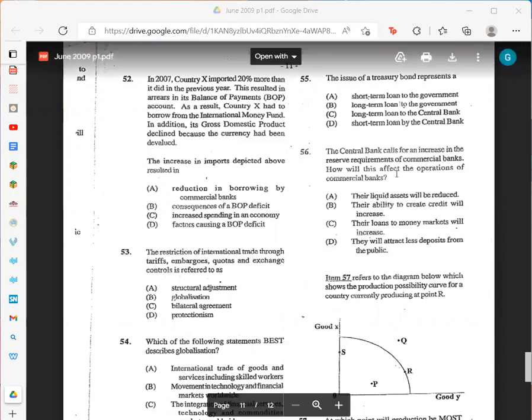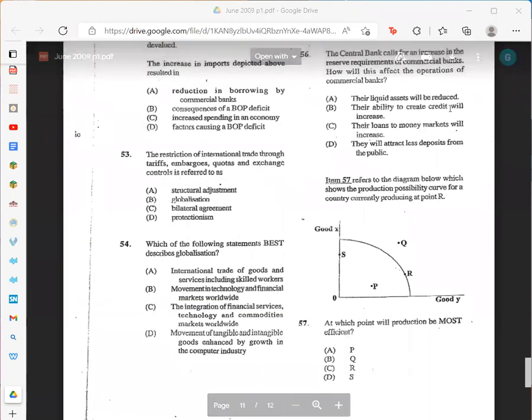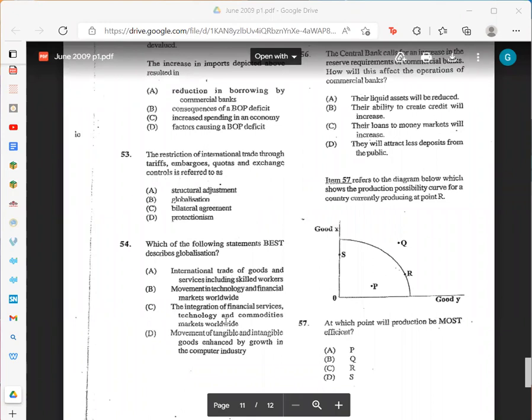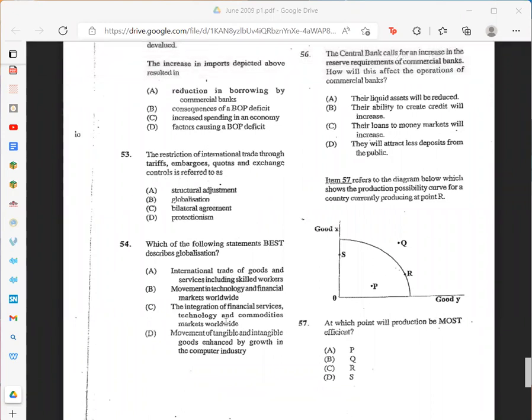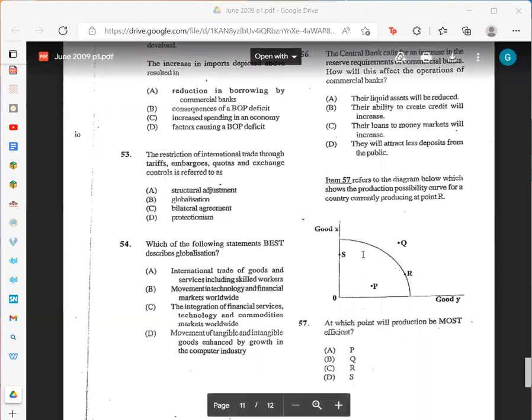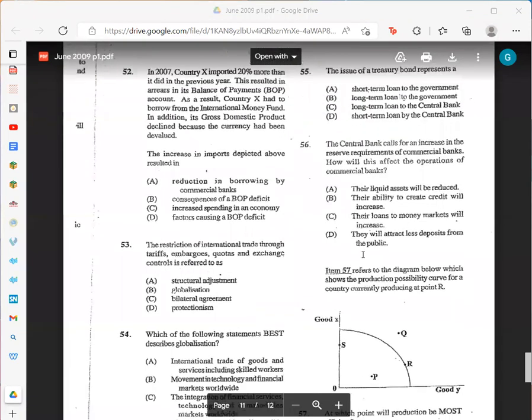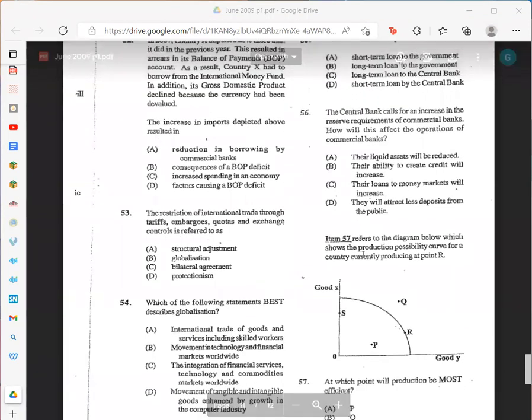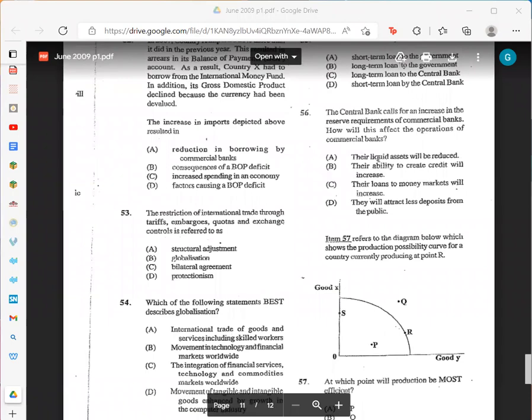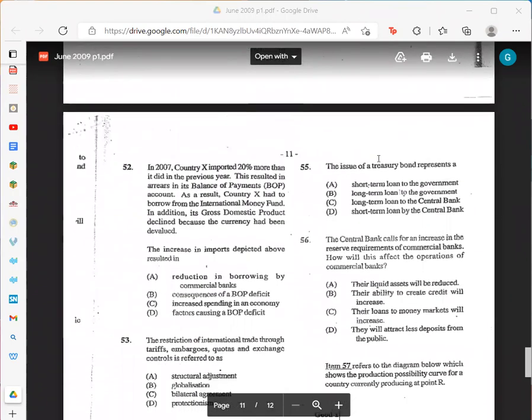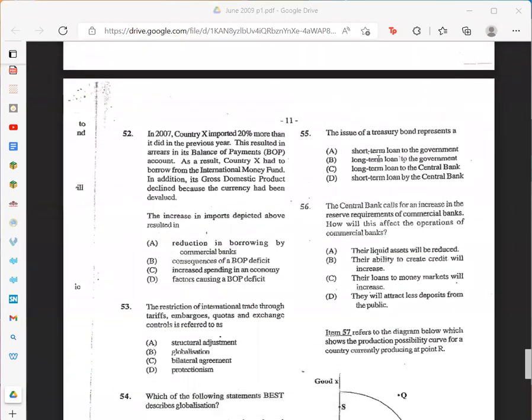Protectionism. That's correct. 54, this globalization one comes a lot, and it's always C, the integration of financial services, technology, and commodity markets. Again, globalization is trying to become a single market on a global stage, which is driven by integration of these sorts.